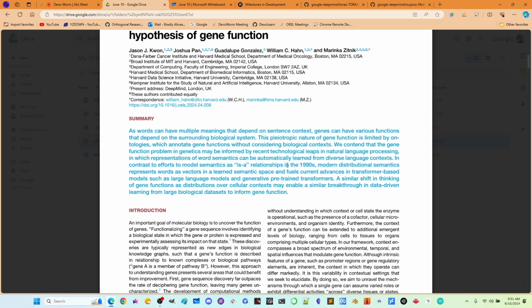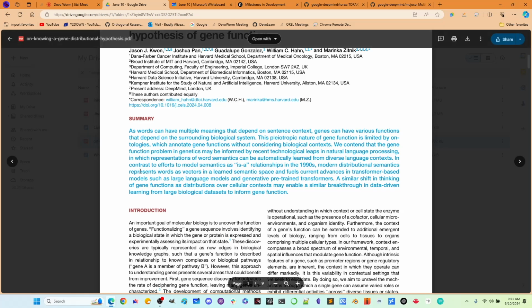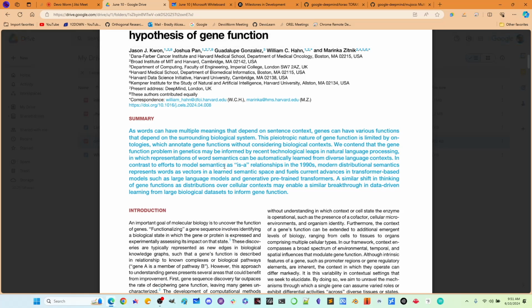It implies it has one function, that it does one thing, that there's no contextual variation, like a word has a single meaning or a single symbol associated with it. That's the way they were modeling semantics in the 1990s.